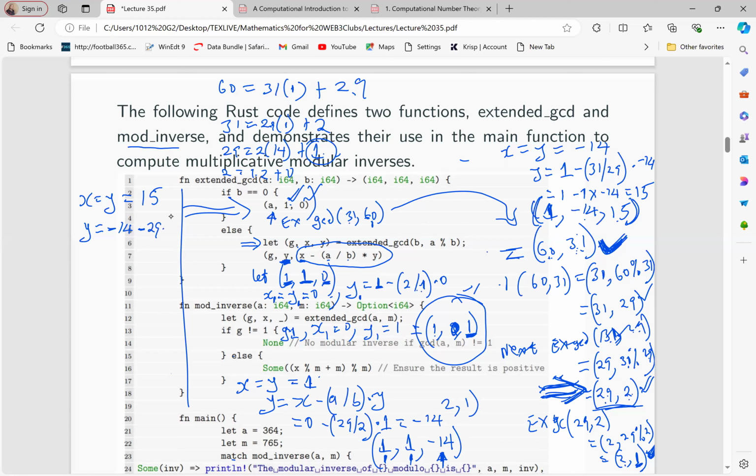And that remainder multiplied by y. Y is 15.